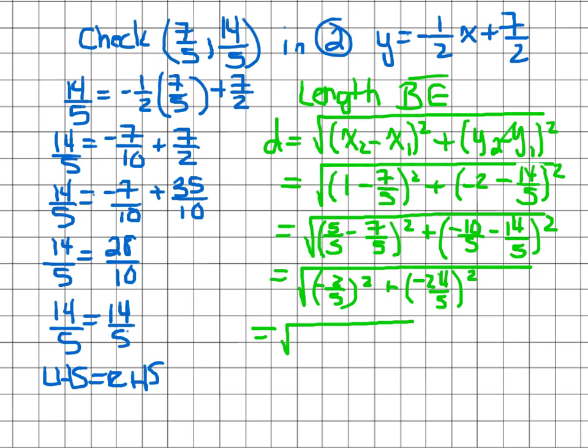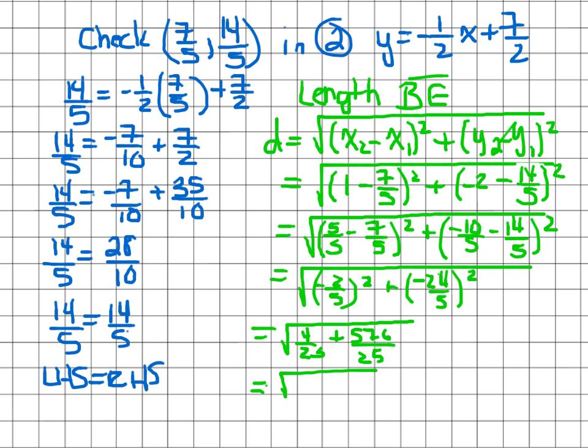let's add those up. Well, first we'll square them. So I have 4 over 25 plus 24 all squared. Oh, hey, this is big. 576 over 25. Something's not looking very right here. Plus 4.